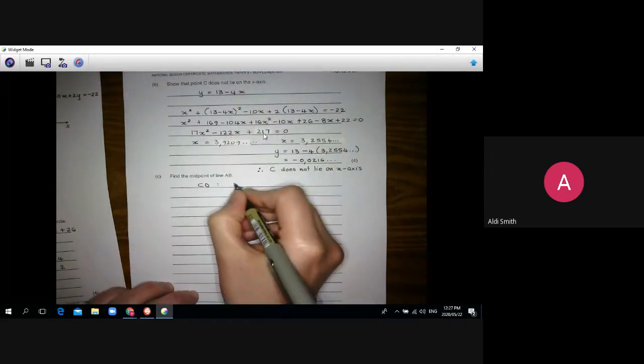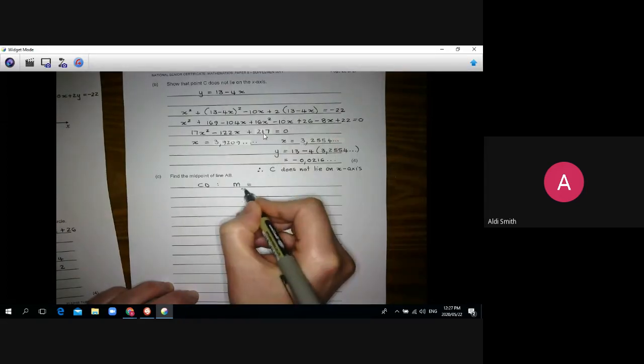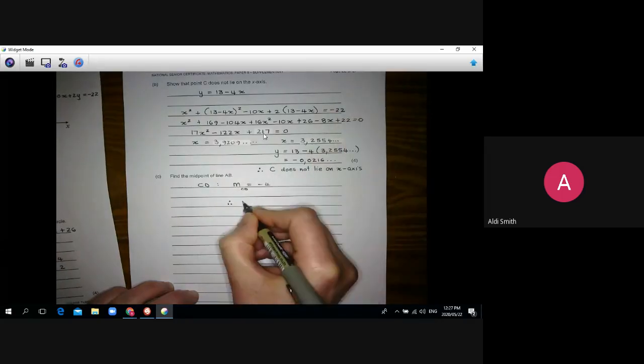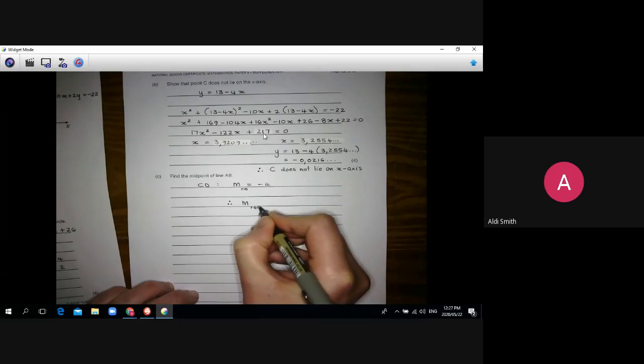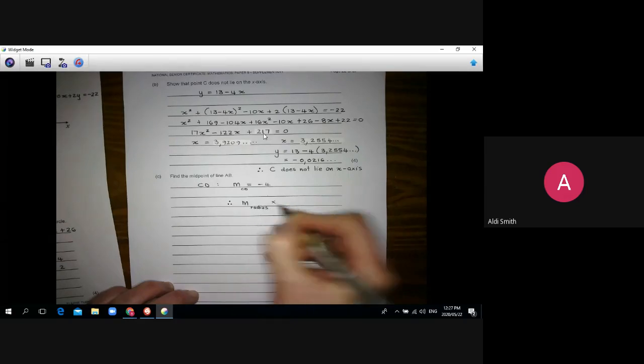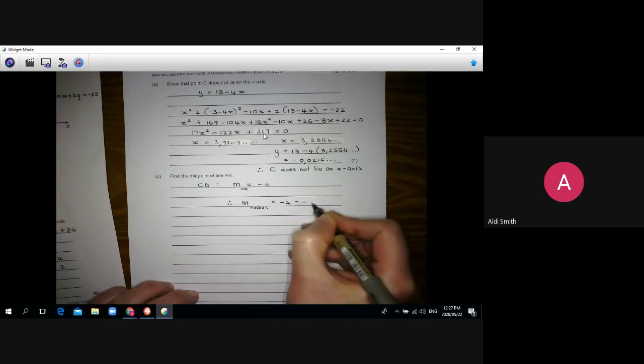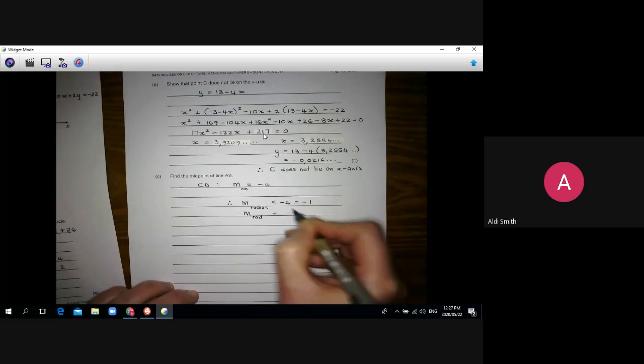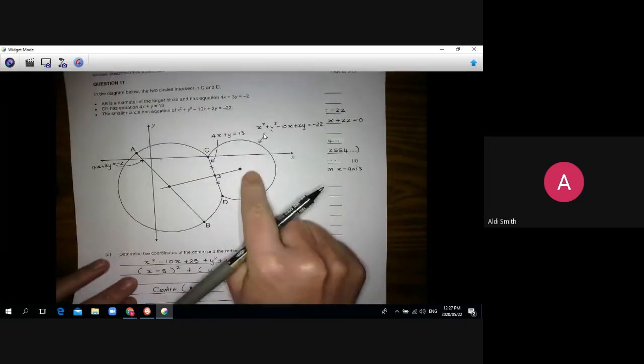Because it had that equation, the gradient of that chord is equal to minus 4. Therefore, the gradient of the radius times that negative 4 is equal to negative 1, which means the gradient of the radius is a quarter.